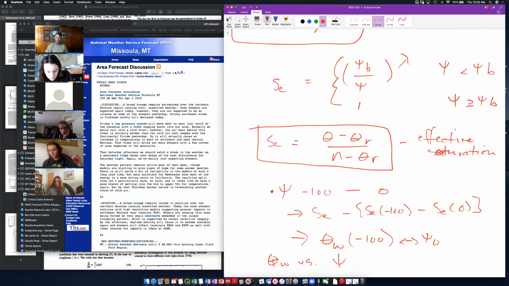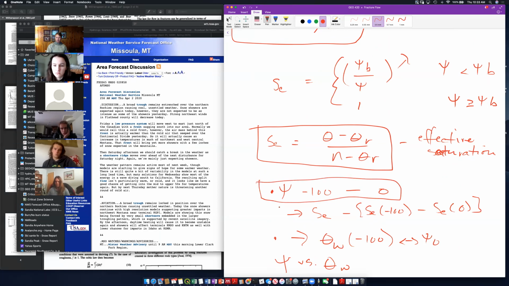I would use this vector of numbers and this vector of numbers, and I'd make a plot. So you choose a range of psi, using this equation you calculate SEs, using this equation you calculate theta sub w's, and then you make a plot of these two.